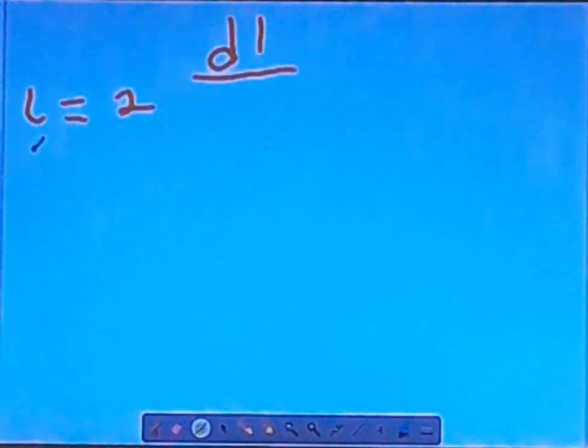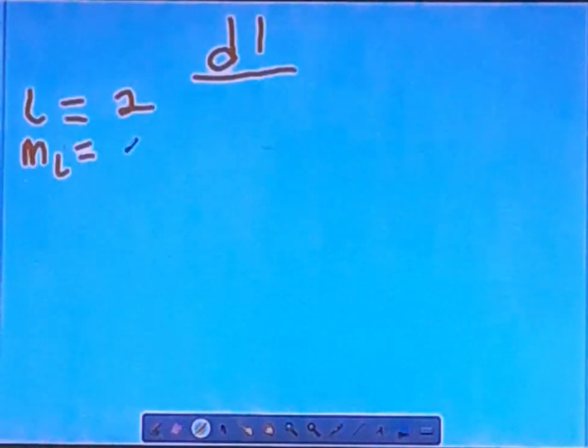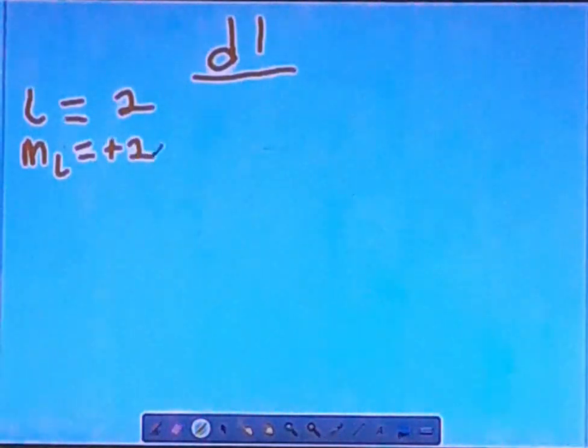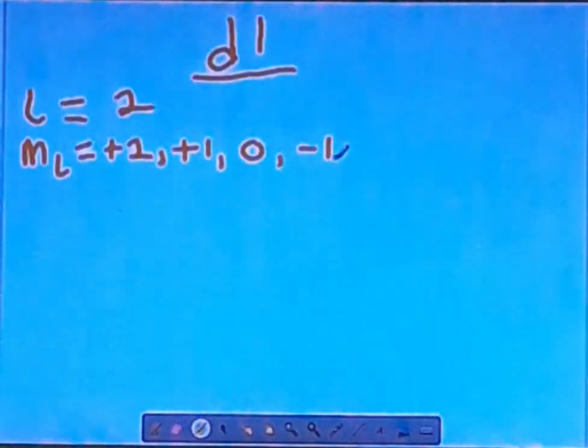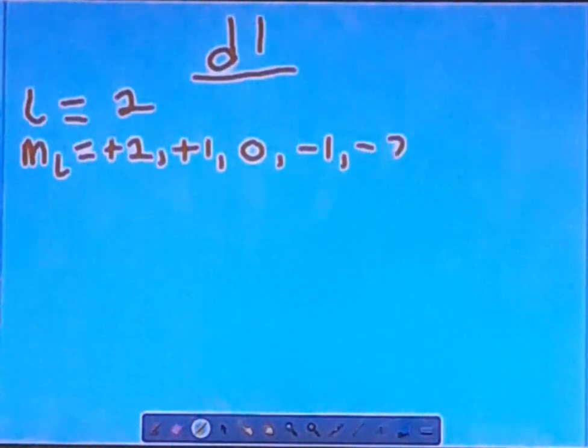Then we write down the magnetic quantum number, which is represented by ML. The magnetic quantum number begins from plus L, 0, and negative L. Because we have the L to be 2, so we begin from plus 2, plus 1, 0, negative 1, negative 2.